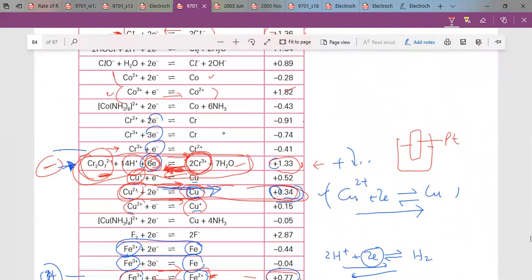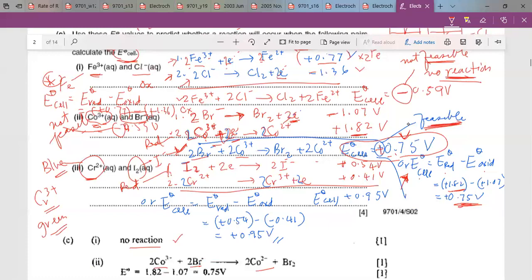Chromium 2 plus going to chromium 3 plus. It's just going to be reverse here. Reverse here, I put positive. I change the positive sign. This, of course, is 1 electron, so I balance electrons here. I times 2. Times 2. So the blue color, 2. Here's 2. And of course, 2 electrons here.